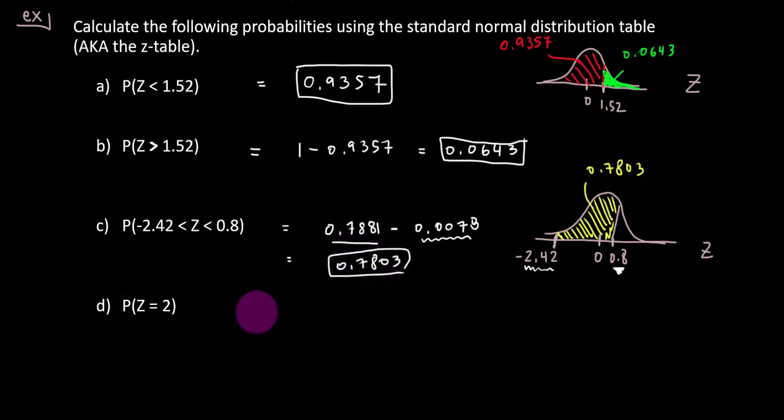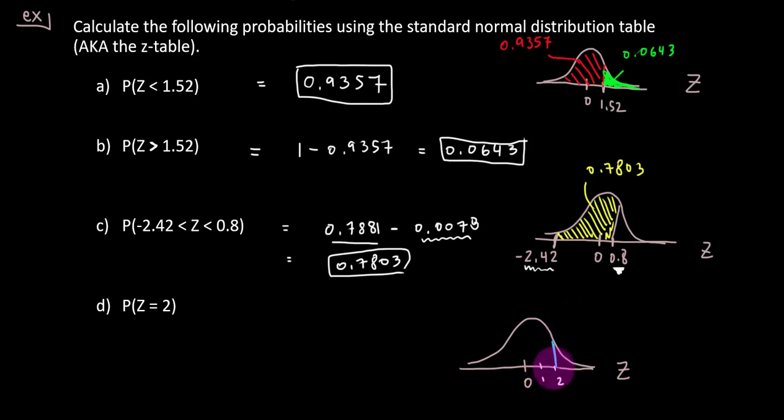All right, let's do one more. Notice in this question, we don't have a less than or a greater than sign. So if I was to represent this with a normal distribution, 0 in the middle, standard z, got it. If I want to represent this on this image, I would have a tick mark at 2, and I would need to draw a region.